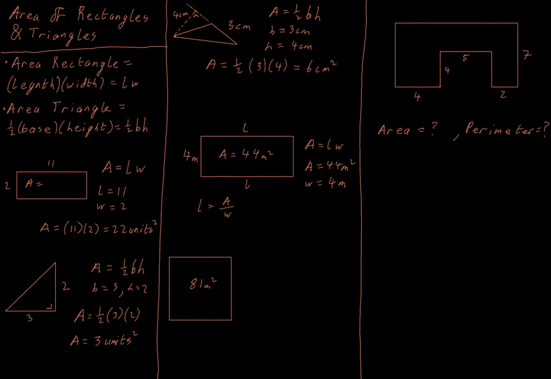What number would I multiply 4 by to get to 44? That is the exact same question as asking what number I would get when I take 44 and divide it by 4.